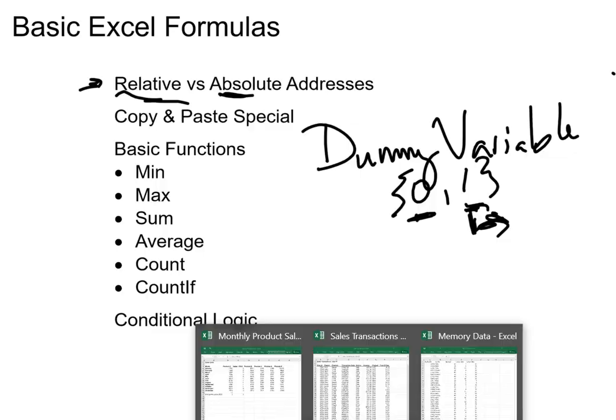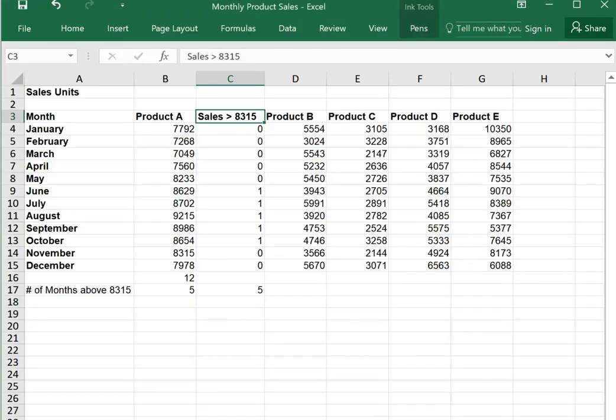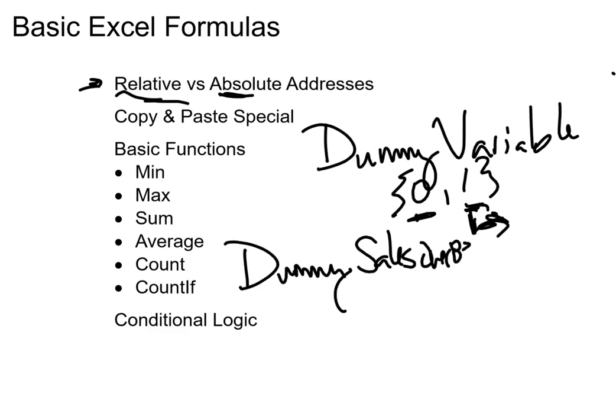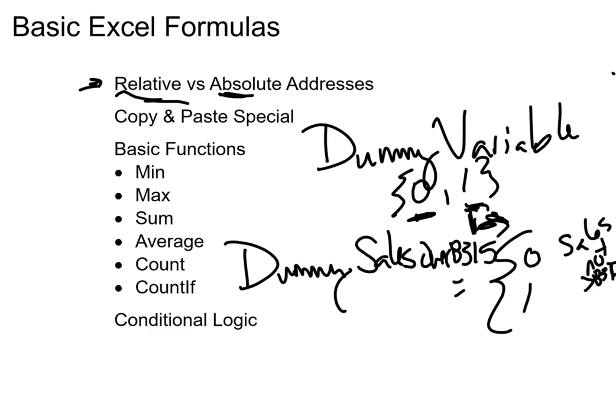So for example, what we pulled up earlier is we were looking at sales greater than 8315. So the way I'd want to write this is let's create a dummy variable, a dummy of sales over 8315. That dummy variable takes on two values. It's either going to be equal to a 0 or a 1. 0 if sales are not greater than 8315, and 1 if sales are greater than 8315.